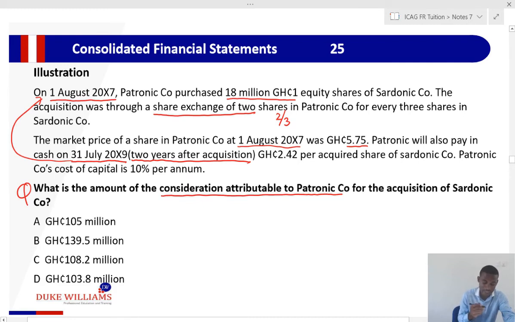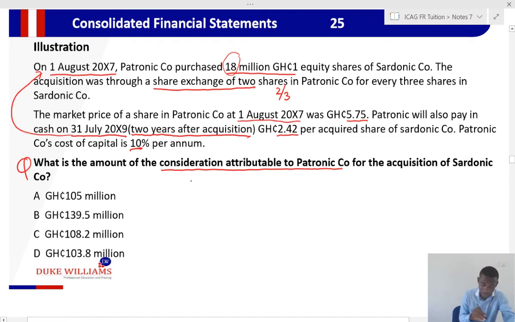Now this clearly tells you that it's a deferred consideration, and they are going to be paying in cash on 31st July X9 2.42 per share acquired. So we have to know the number of shares, which is 18, and the cost of capital is 10%, and because it's a future value, we'll have to discount it.